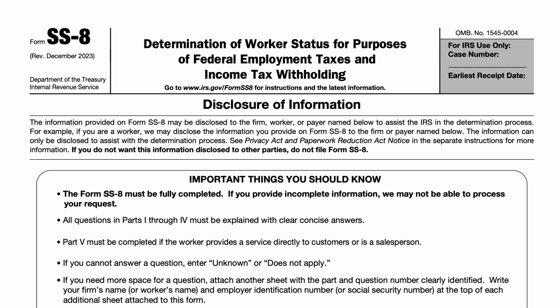However, if you are an employee or the worker, you should know that the IRS may disclose some of this information to the company in question. So if you don't want any more of your information given to the company, then you might not want to file this form. Unfortunately, that also means that you kind of accept wherever your current status is.